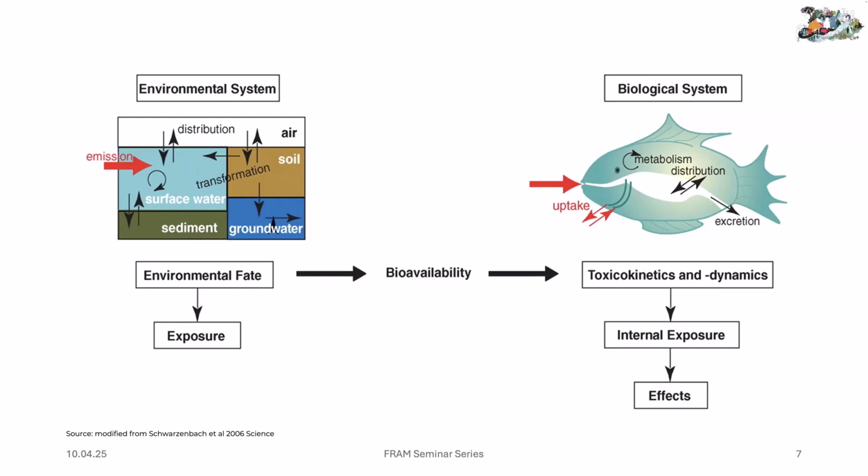But they also go through toxicodynamic processes, which refer to the specific interaction of the chemical with a molecular target. So once the chemical is inside the organism, it can interact with enzymes, with proteins, and with the DNA itself, causing biochemical and physiological changes, resulting in a toxic effect.